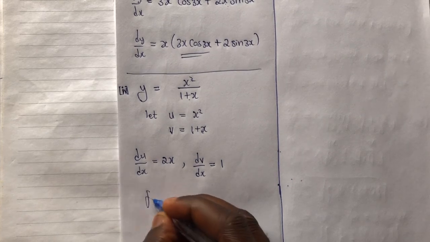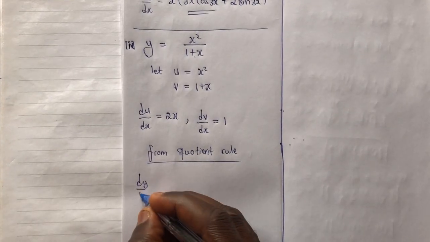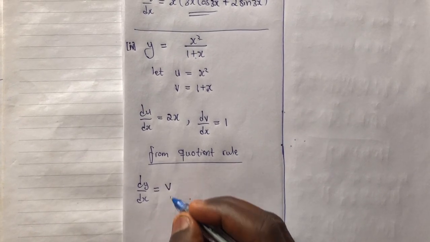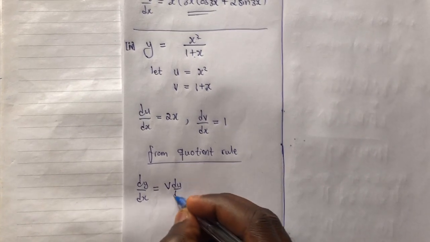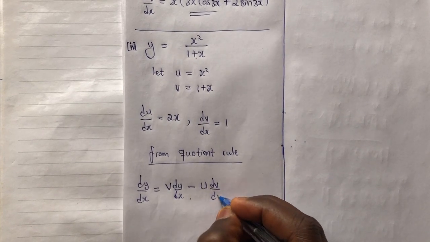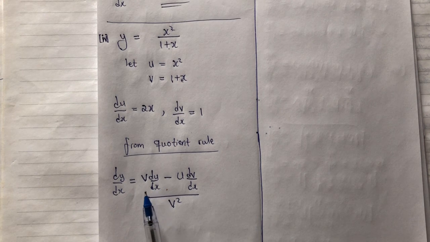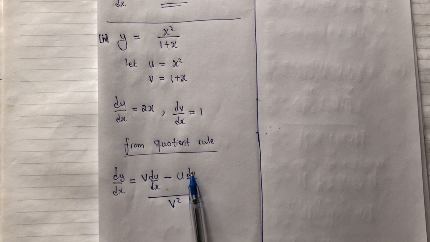So from the quotient rule, we have dy dx giving us v du dx minus u dv dx all over v squared. So this is the formula. Remember that you write v first and you take the derivative of u minus u derivative of v.